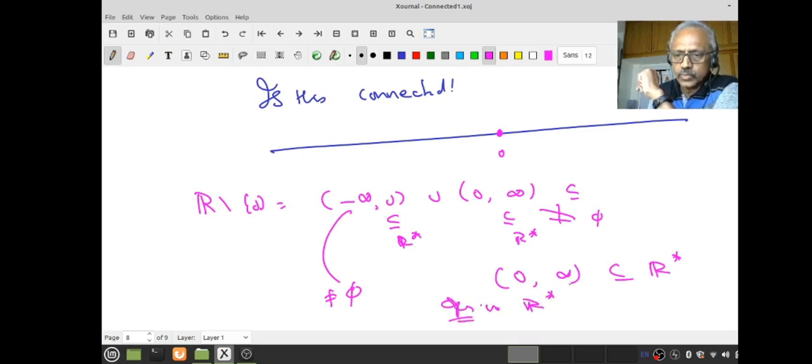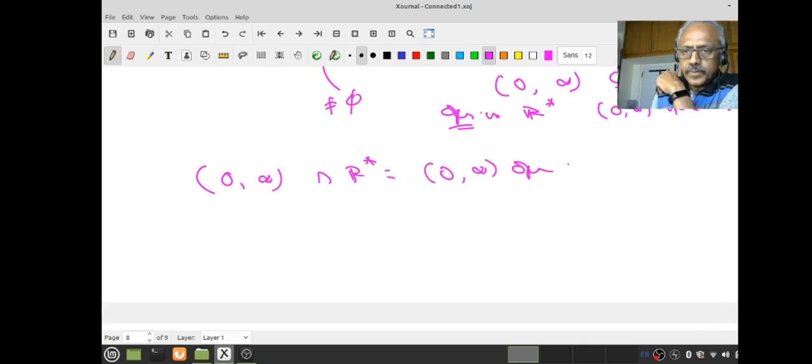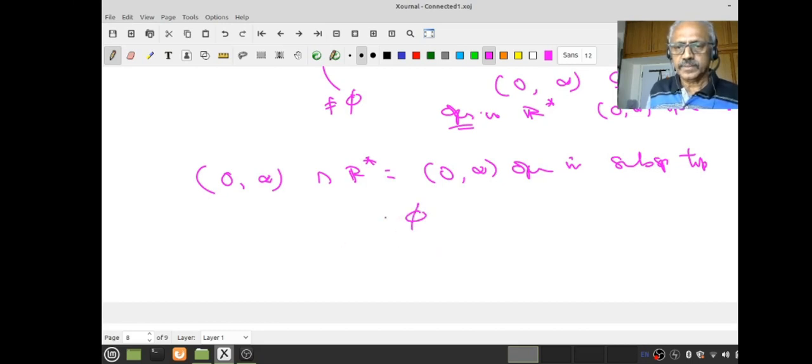Yes, because 0 to infinity is open in R. Therefore its intersection with R star is open in R star. Open in subspace topology. Yeah, right. And it's not empty, and it's not equal to R star, right?